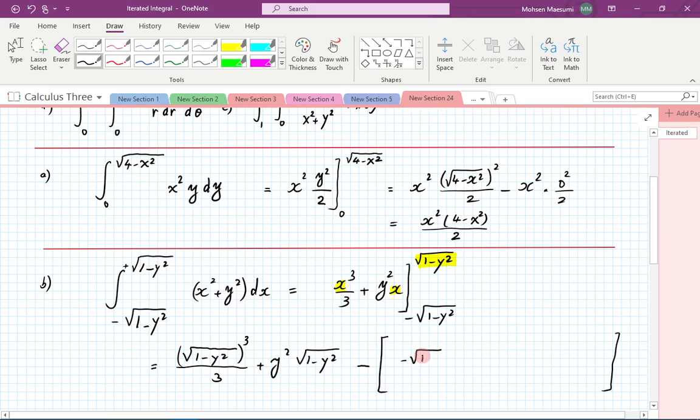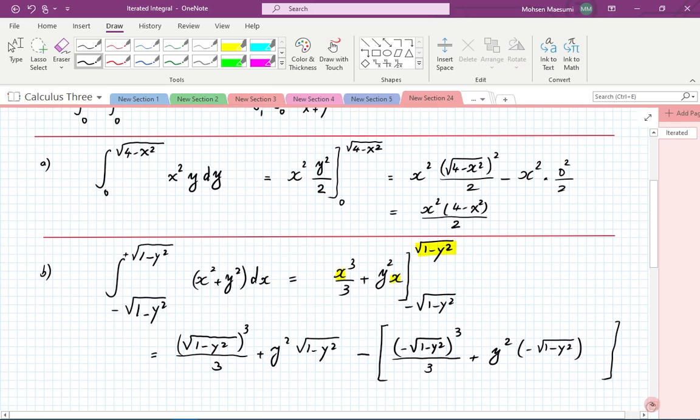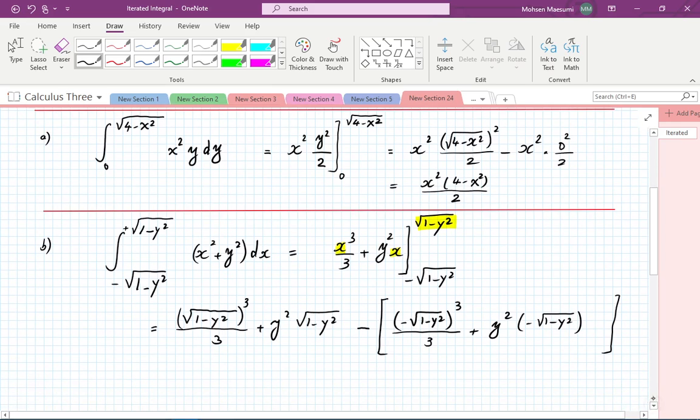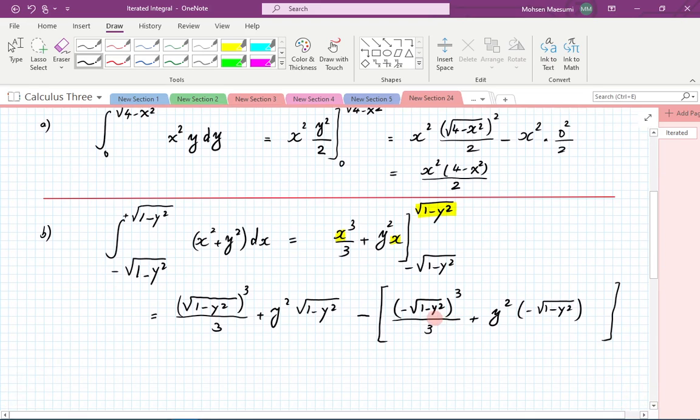Another caution is when you have minus something, just wrap it in parentheses and take care of the signs later on. So we have a third, and then y squared, and x again is to be substituted with this expression. Now you see that this looks mightily like that.